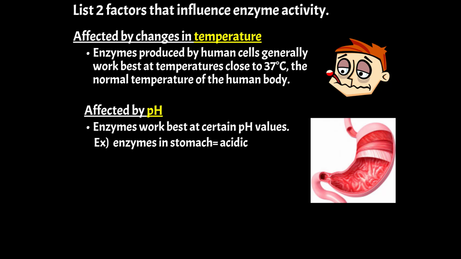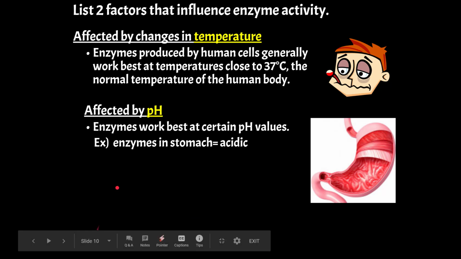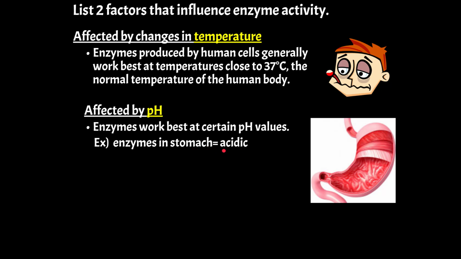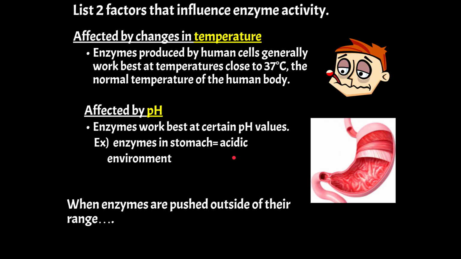So in your stomach, in your digestive system, you have a variety of enzymes that help to break down carbohydrates and proteins and fats that you consume. In your stomach, in particular, there are enzymes that are activated only because the stomach has an acidic pH value. Outside of the stomach, these enzymes don't function at all.